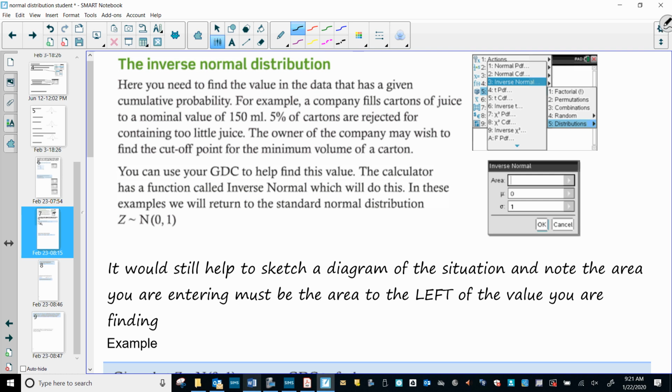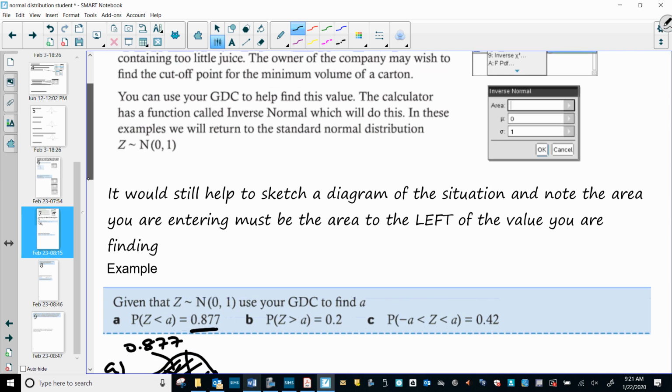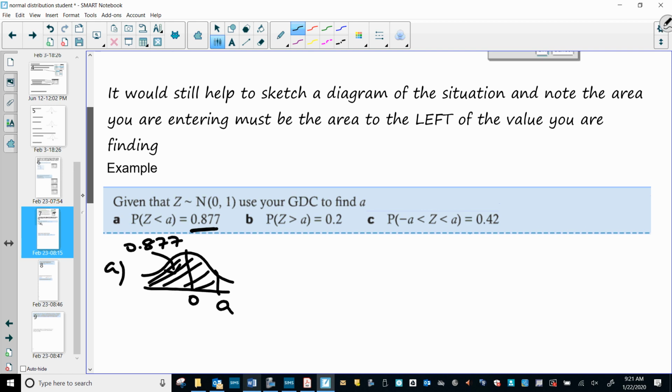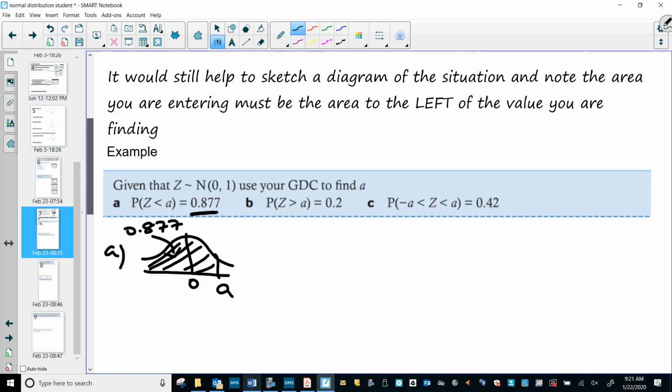And then you should get this little box here, yeah? So area, we're going to put in as 0.877. Mean and standard deviation are already 0 and 1. So what do we get? 1.16.